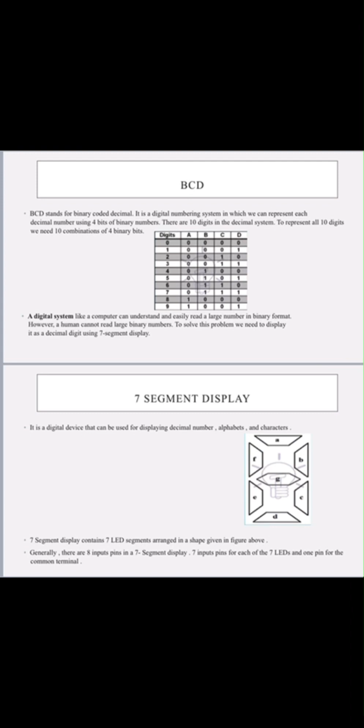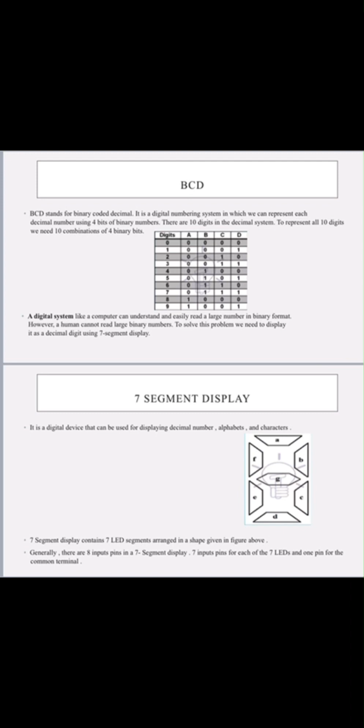BCD stands for binary coded decimal. It is a digital numbering system in which we can represent each decimal number using 4 bits of binary numbers. There are 10 digits in the decimal system.